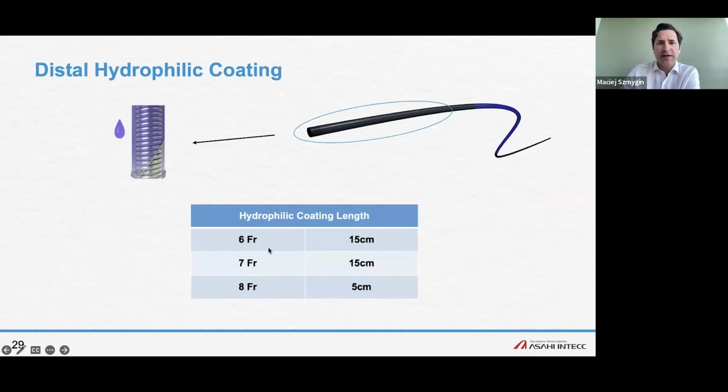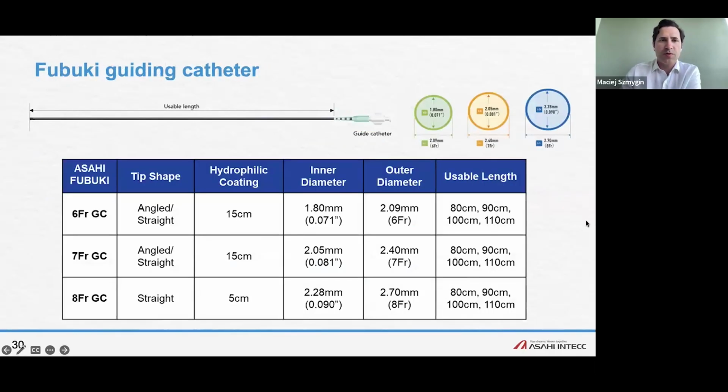We can also see that it has hydrophilic coating length of various size. It's 15 or 5 centimeters. But what I would like to show as the most important is really the variety of lengths and sizes that is available. We can see that we have 6, 7, and 8 French. It has really good inner to outer diameter ratio, so it's really convenient.